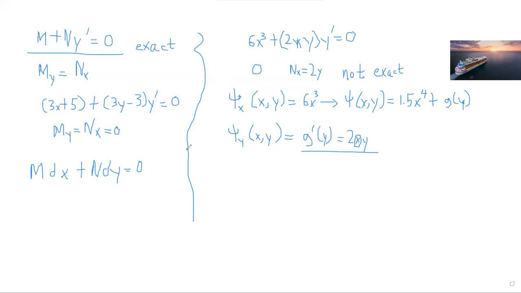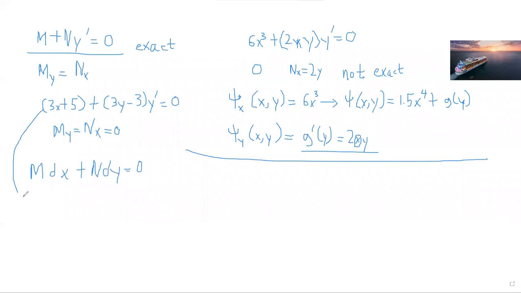Let me do this with marker and eraser here. So then you would have psi sub x. That's a pretty dry looking cactus. It's been in the Sahara Desert for a really long time. Psi sub x of xy is equal to 3x plus 5.